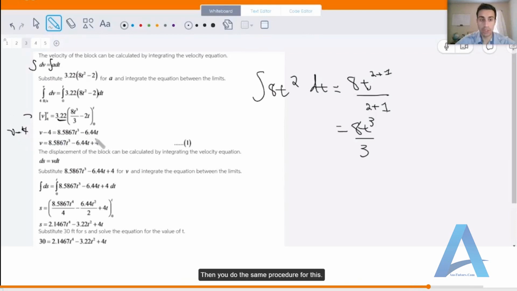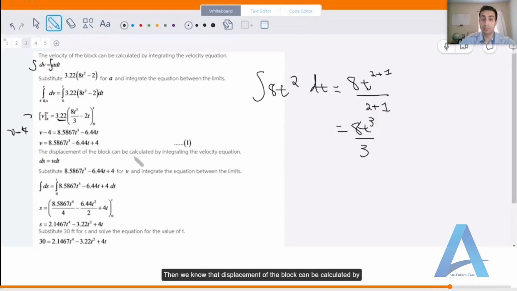Then you do the same procedure for this, and the second portion would simply be 0. So you plug in t, minus 0. That's why we only have this. You simplify this, then you can solve for v, the velocity, and we get the function in terms of t to be this.